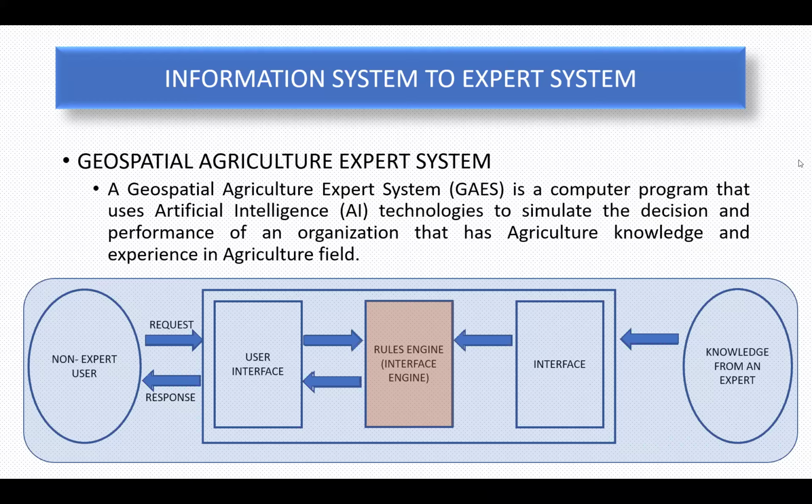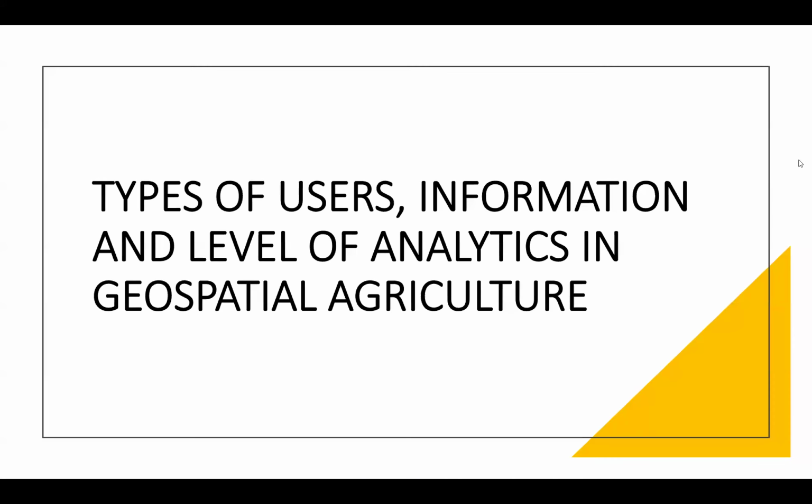Same is with our geospatial technologies, you put in the satellite image and based on the reflective index of the crop, it will tell what type of crop it is, what the health of the crop is, and what the moisture content is. Based on the different vegetation indexes, we have NDVI, we have NDWI, we have enhanced vegetation index for the crop canopy. So multiple indexes are used, and then it gives the answer. That is the expert system.